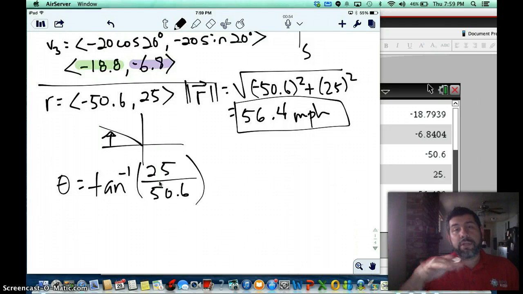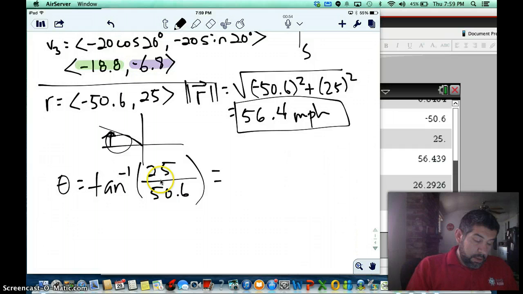It has to do with that inverse tangent. It's going to give us a bad number if we use the negative. We're going to keep them both positive because that's going to give us the angle right there. Okay, so we're going to plug that again in our calculator and see what we get. That's going to give us 26.3 degrees.